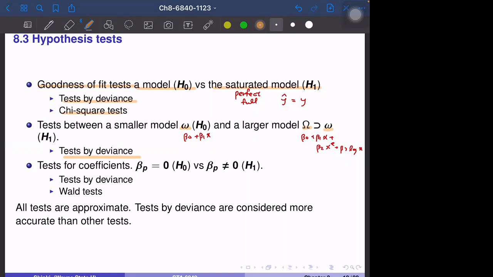So in the GLM, we want to see if the beta sub j is equal to 0 or not 0. So 0 is the null hypothesis and the alternative is H1. So H0 may be the model that eta is equal to beta naught plus up to beta p minus 1 x p minus 1.